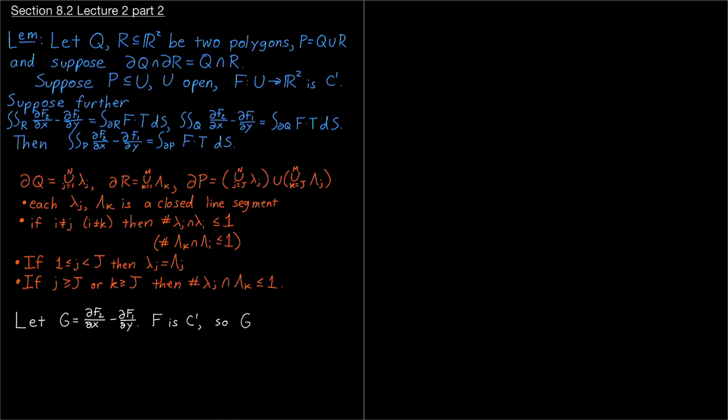So G is continuous, and so it is Fubini integrable on all kinds of nice regions, including polygons, points, and lines.